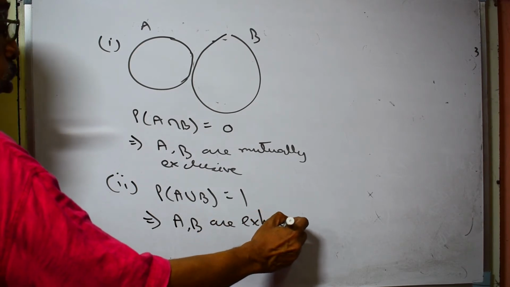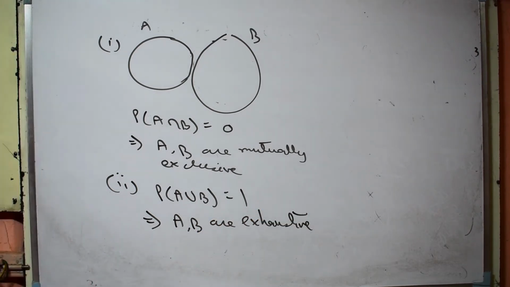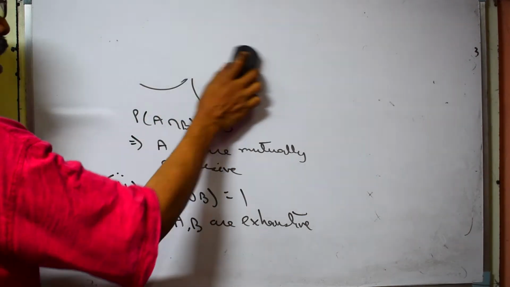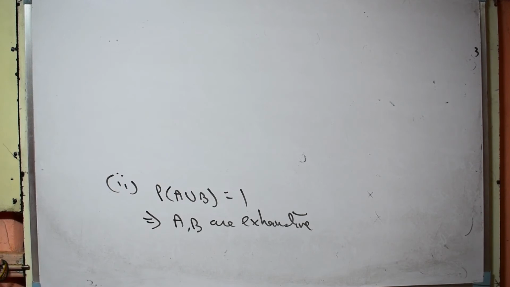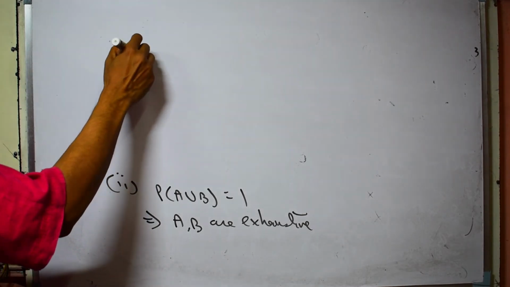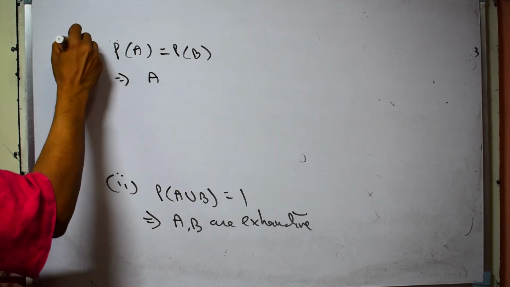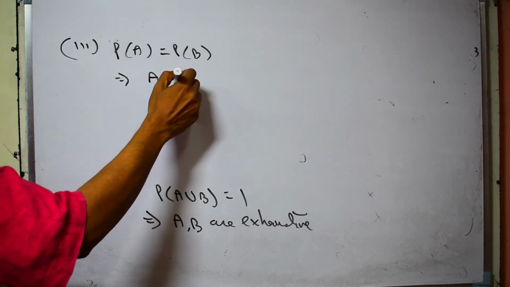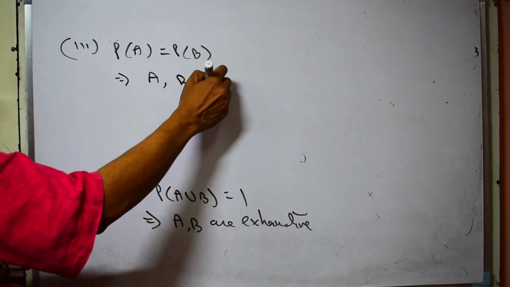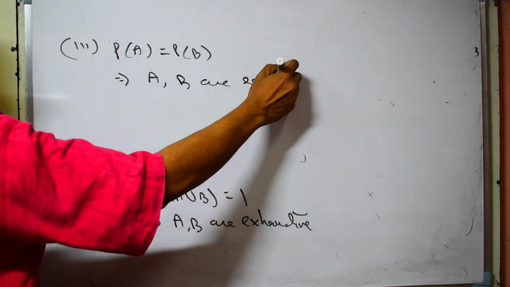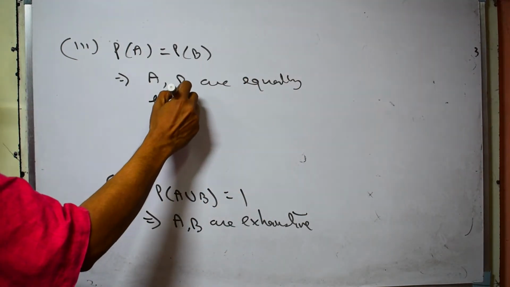Exhaustive means no more events we can have other than A or B. And the other one is equally likely. That means P A is equal to P B, then A, B have equal chance, that is A, B are equally likely. These three ideas are very important.